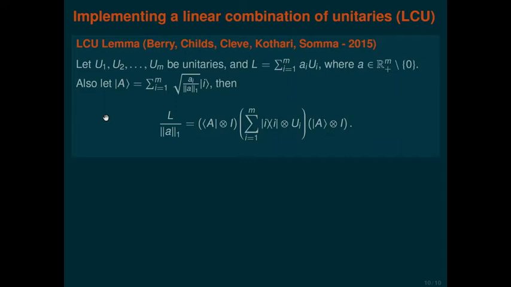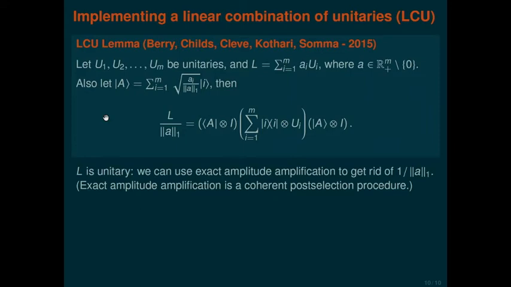Now this will be an unnormalized operator, and this can later be amplified. I don't want to go into the details, but the main idea is that this quantum procedure will have a success branch, which will have this unnormalized operation, and an unsuccessful branch. Later I can do some rejection sampling or amplitude amplification to make sure that I end up with the success branch.